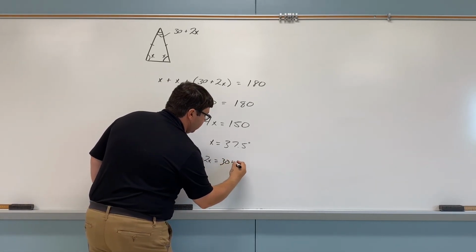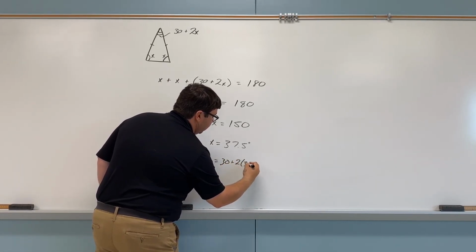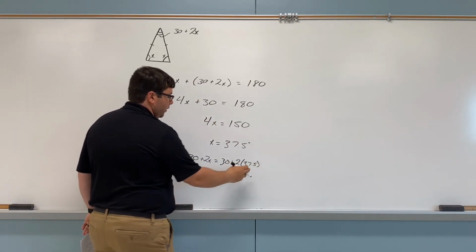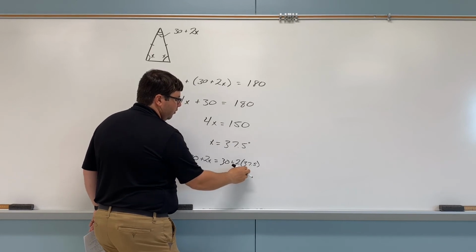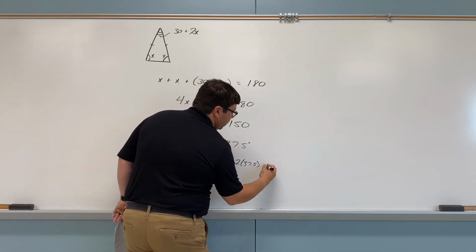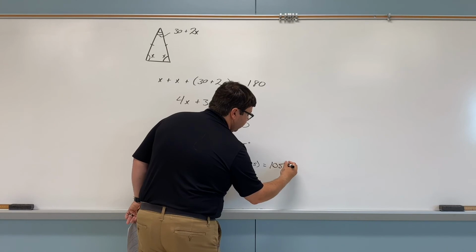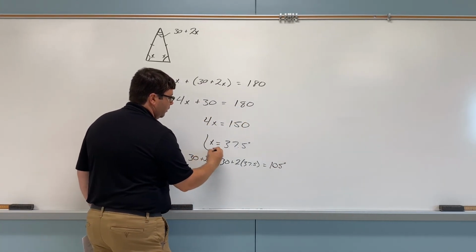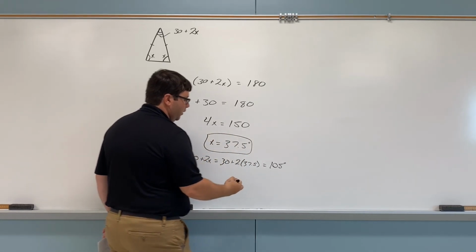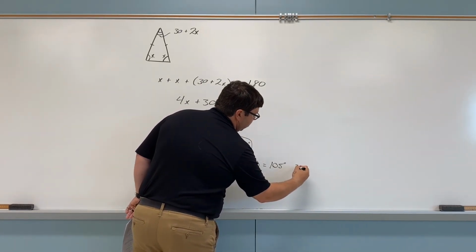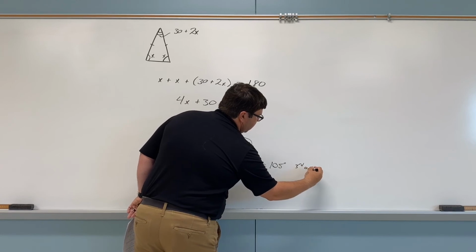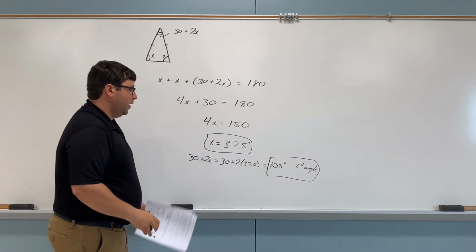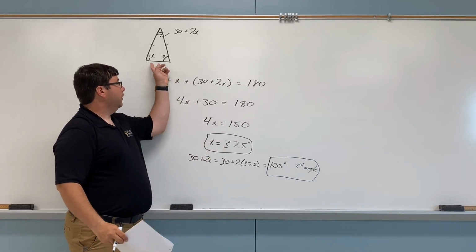So I have 30 plus 2 times my 37.5. This is 75 plus 30 gives you 105 degrees. So those are your angles. This is your third angle. And these are the base measures for these 2 bottom angles.